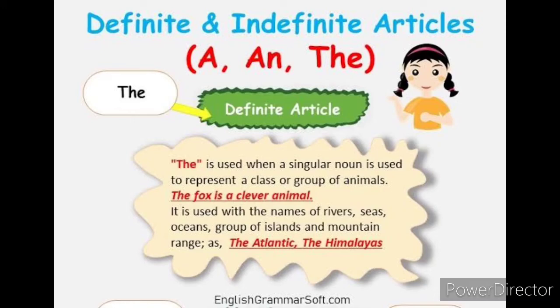Along with that, the is used in front of the names of rivers, oceans, places, monuments, groups of islands, mountain ranges, and famous books, etc. And also, it must be used in front of superlative degrees, children. So these are the usages and rules to use the definite article the in a sentence.